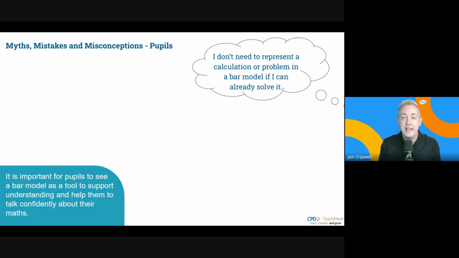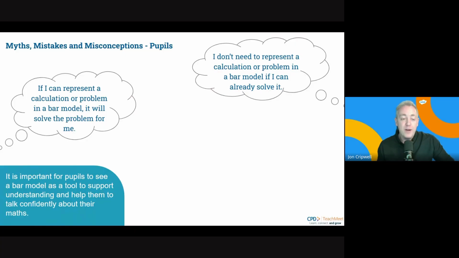They were able to quickly calculate things, quickly find an answer, but they didn't necessarily have that deep understanding of what was happening with the maths. So that's what we want to encourage, and bar models and encouraging children to represent their thinking is a key way to help them to do that.